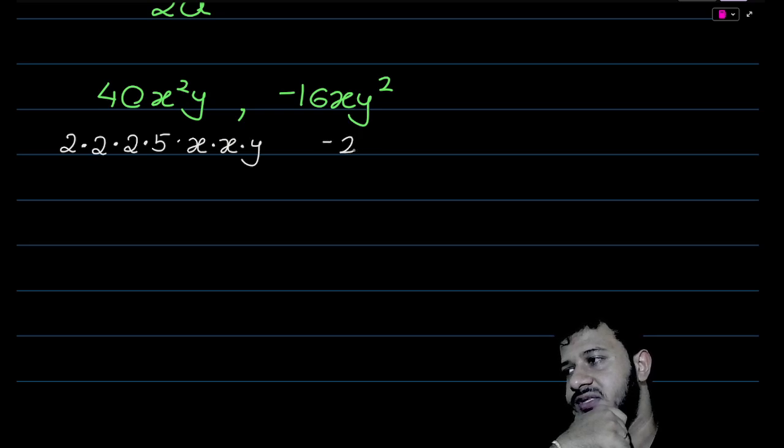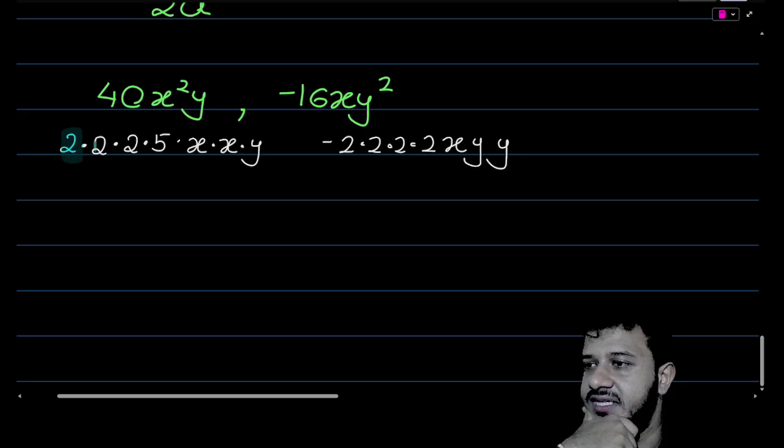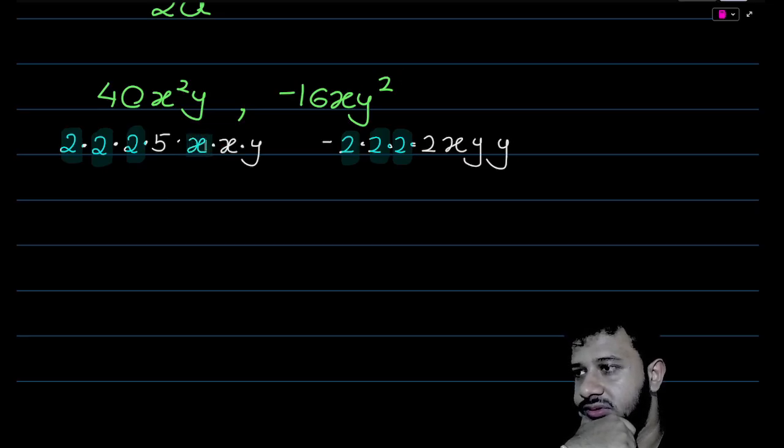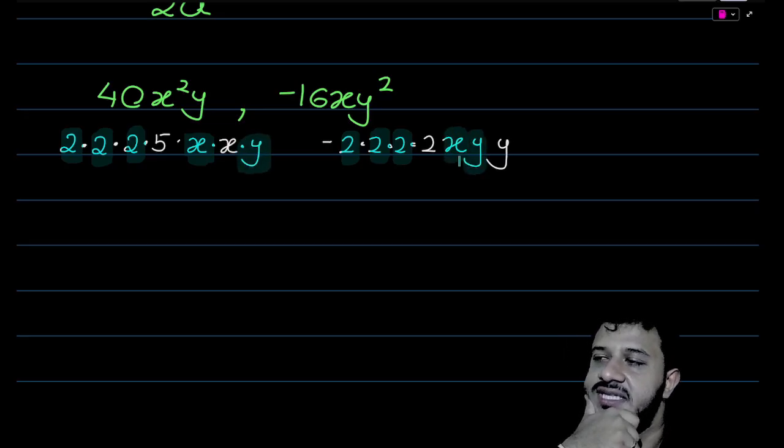Negative 16 means 2 times 2 times 2 times 2, and xyy. What are the things they both have in common, Vishan? We can see three 2's here. I can take three 2's. I can see an x, I can see an x, I can see a y, I can see a y.